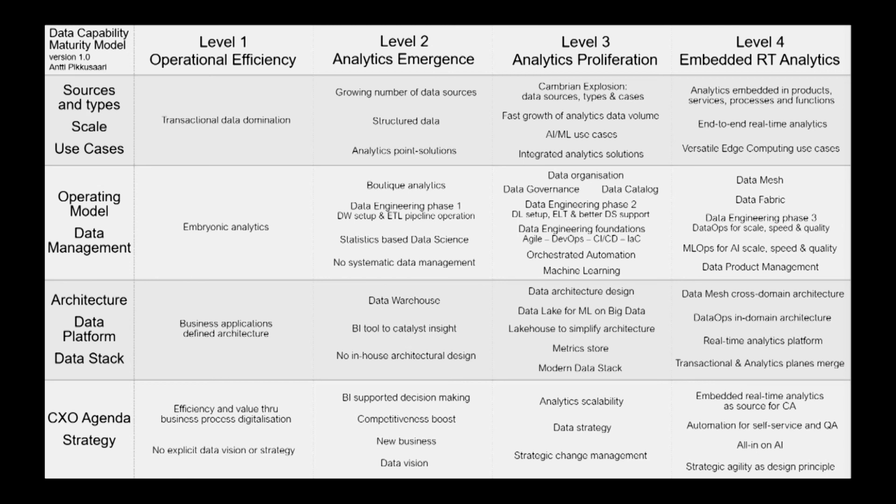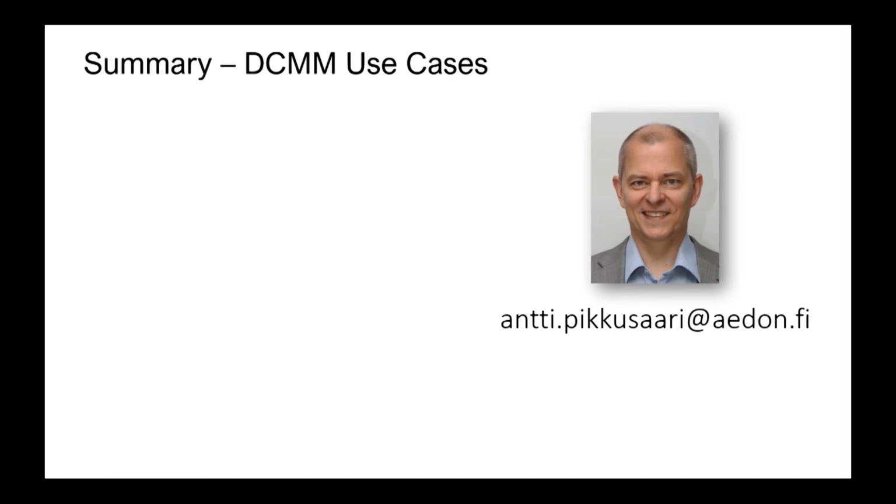As the final step in this introductory video, let's have a look at maturity model use cases. Data capability maturity model uses are many, but the most apparent use cases are these. In its simplest form, a maturity model supports navigation across data capabilities minefield.